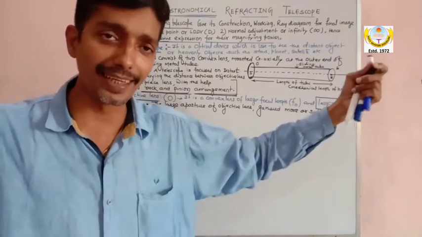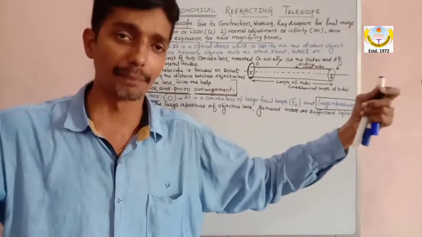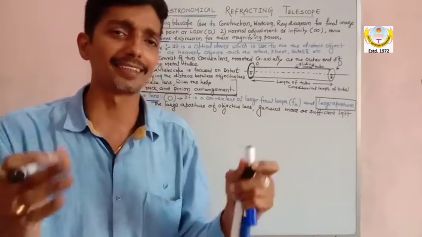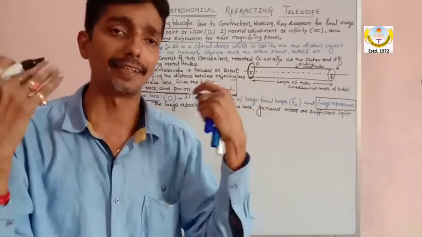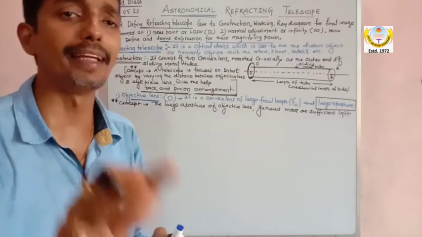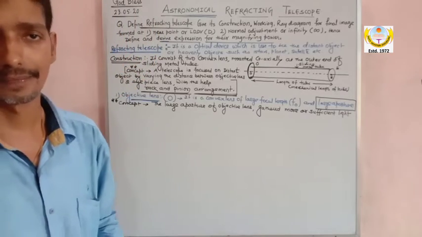So the larger the aperture of the objective lens, the more light it gathers. Simple answer, one line answer, sir: it gathers more and more light from the distant object and forms a bright image of the object.